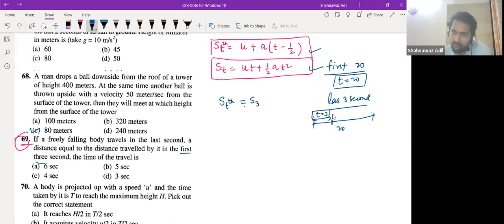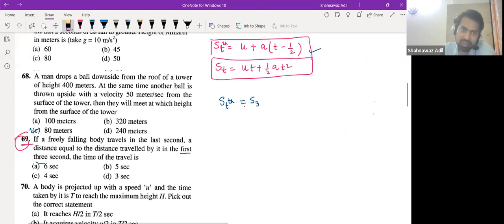But if you say last 3 seconds, then this would be 17, 18, 19, and 20. These are the last 3 seconds. Yes, sir. Okay, so this is what we mean by first 3 seconds.